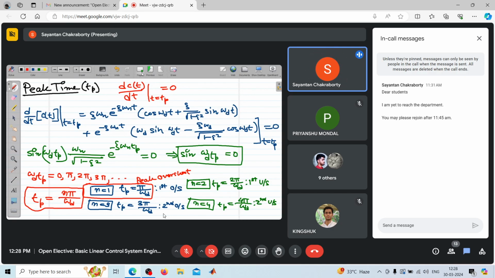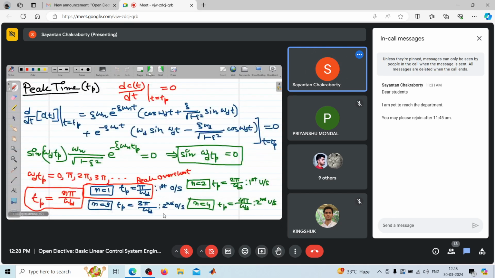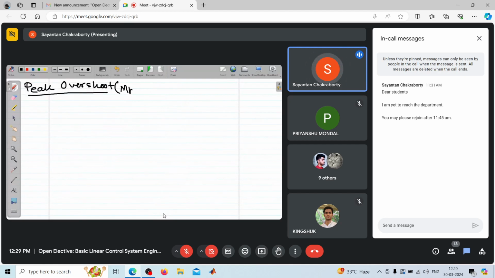Then we will be in a position to find out the expression of peak overshoot. That is, which overshoot will be the peak, the highest. So from that, we'll define this peak overshoot as Mp. It is the amount of overshoot above the steady state value. So we know the steady state value is 1 over here. So we can calculate Mp as c(Tp) minus 1.